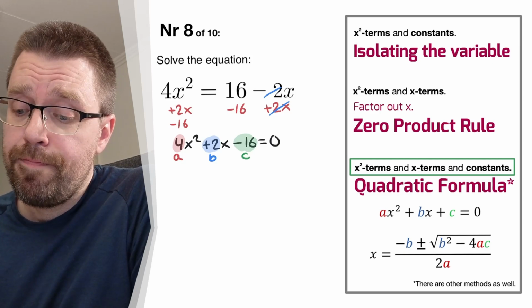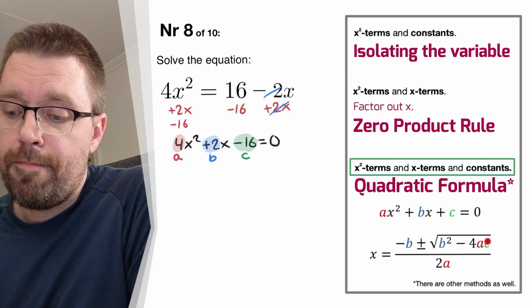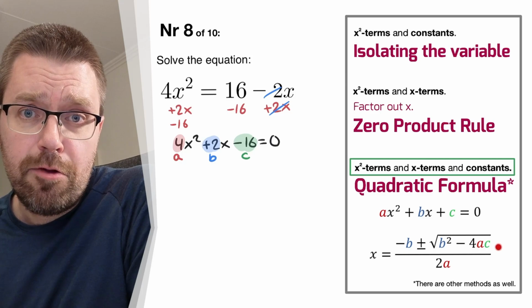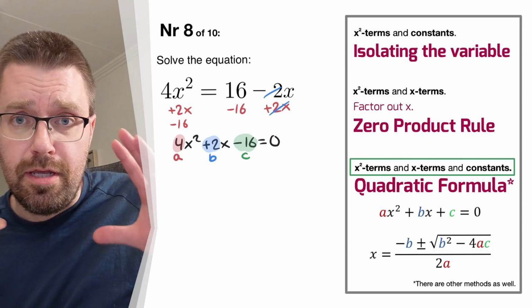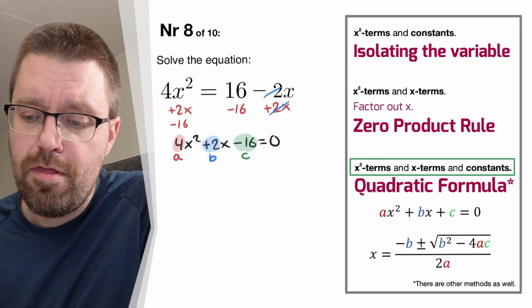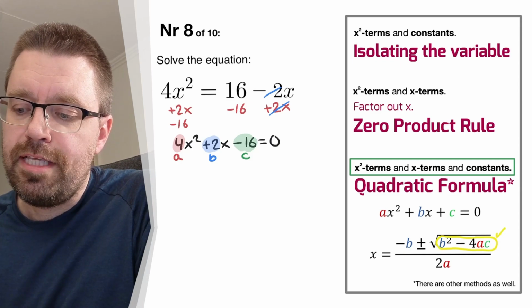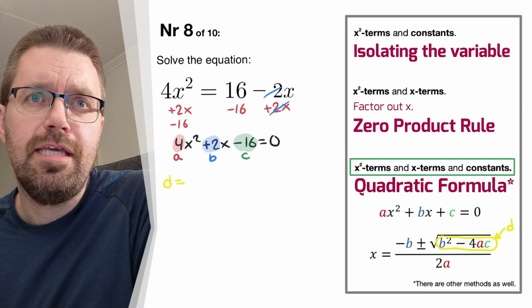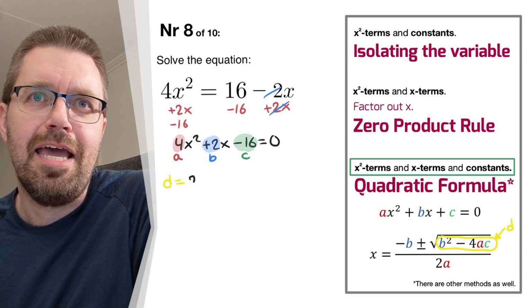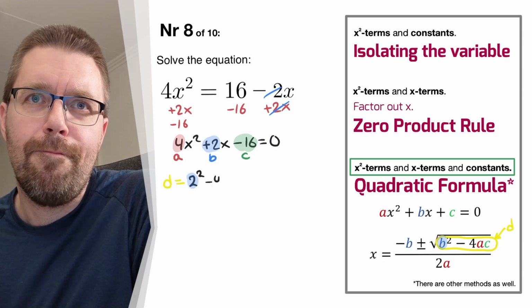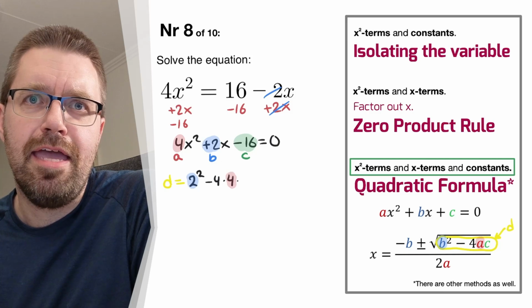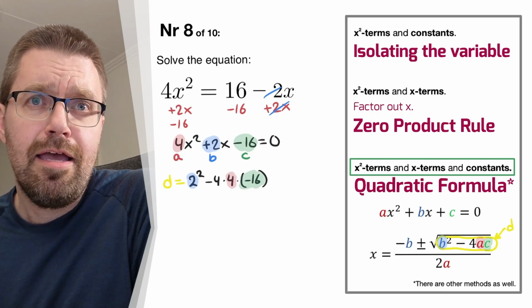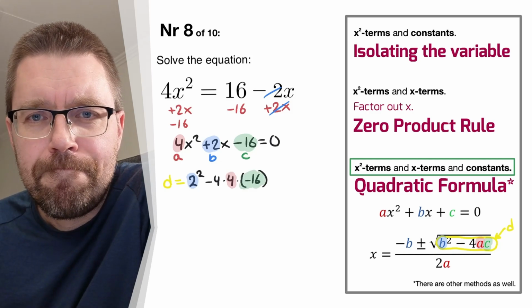To save some space, I will evaluate the discriminant, the expression inside the root, first. So I call it d to save a little more space, and then I write d equals, and then I take b squared minus 4 times a and times c, so like this.